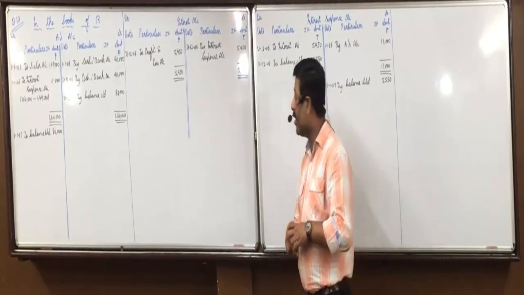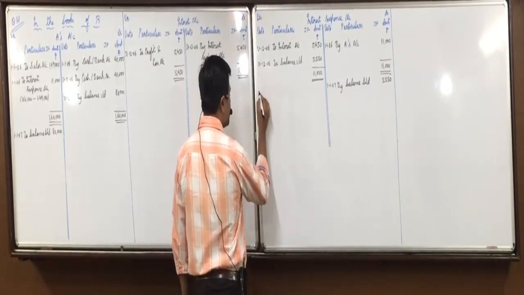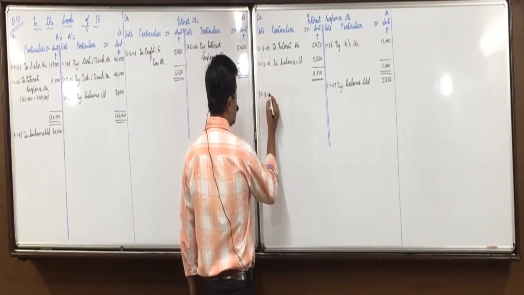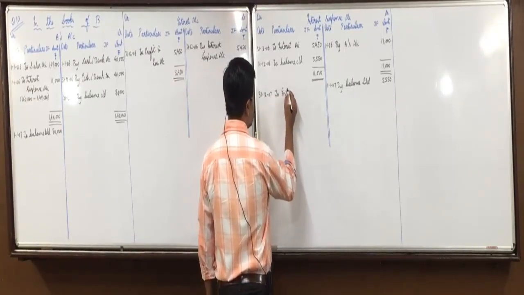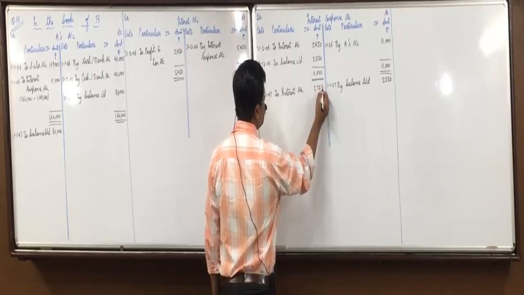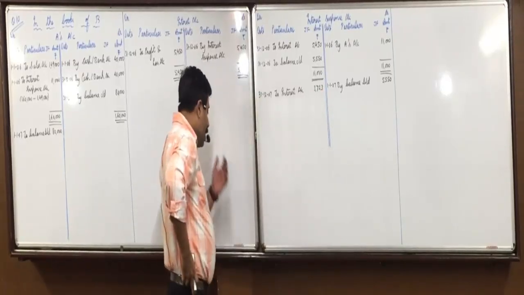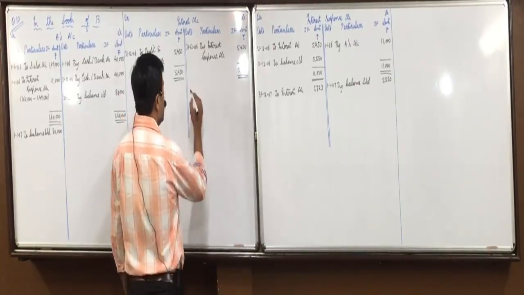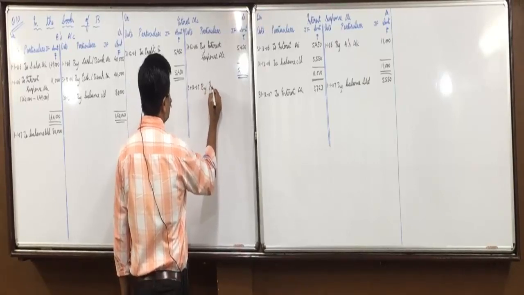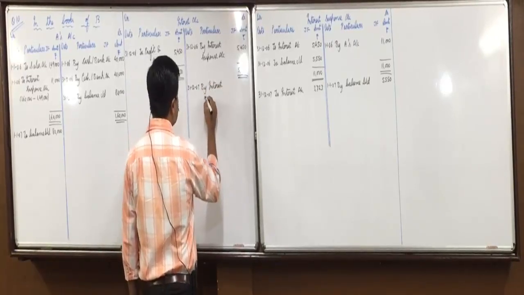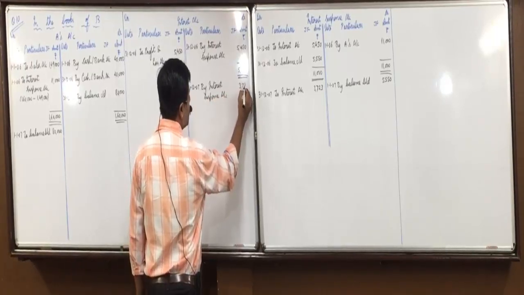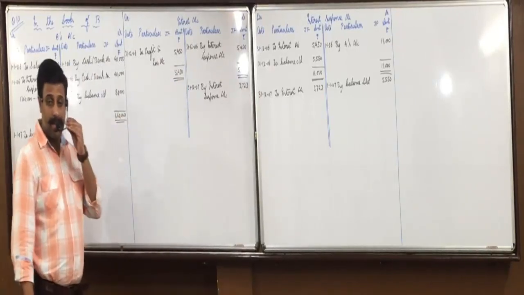Interest suspense account debit side, date 31,12,07, to interest account 3,723. Second effect in interest account, credit side, by interest suspense account 3,723. Is everyone clear with this?